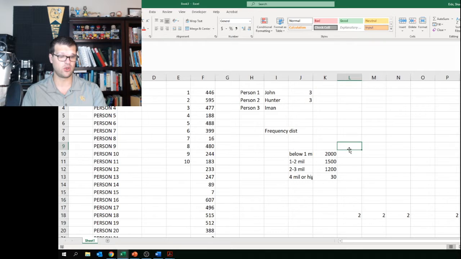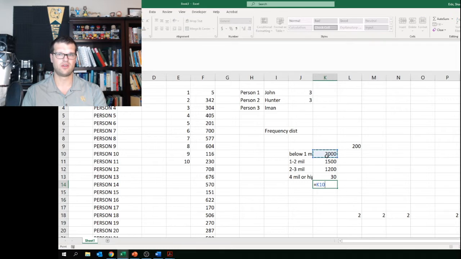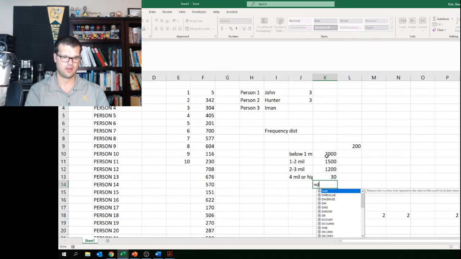And so what you could do is if you want to say, hey, I only want to take a total of 200, then what you would do is you'd say, okay, what is the relative frequency to the whole? And so you do equals sum.